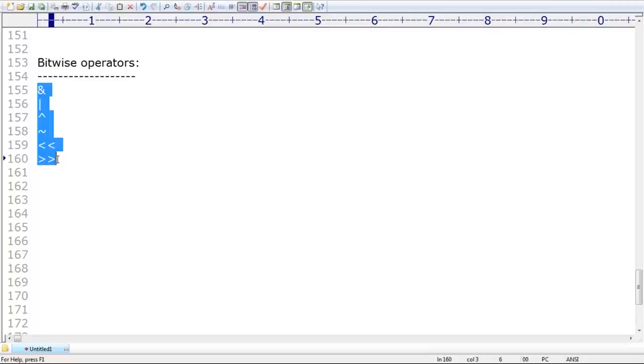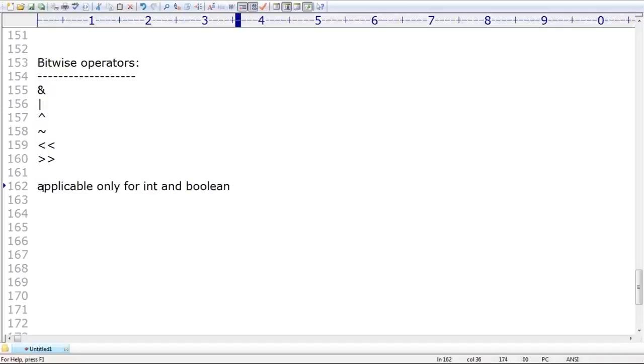Remember this: applicable only for int and boolean. By mistake, if you try to apply them to any other type, immediately we are going to get an error.